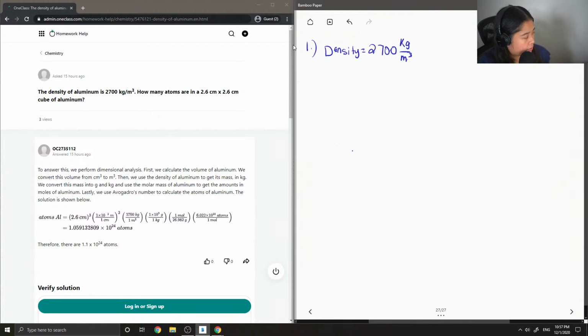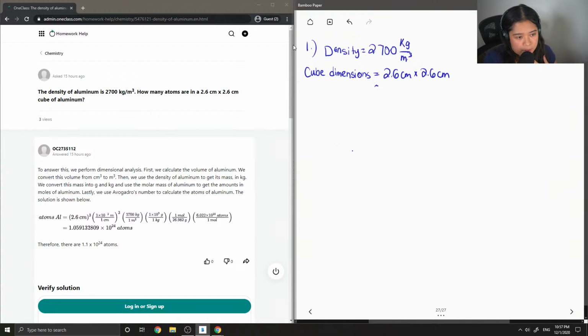They also give us the dimensions of the cube, which is 2.6 centimeters by 2.6 centimeters. If we look at the units, the cube dimensions are in centimeters, but our density units are in kilograms per meter cubed.